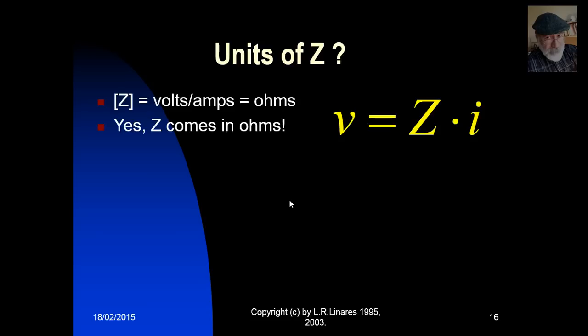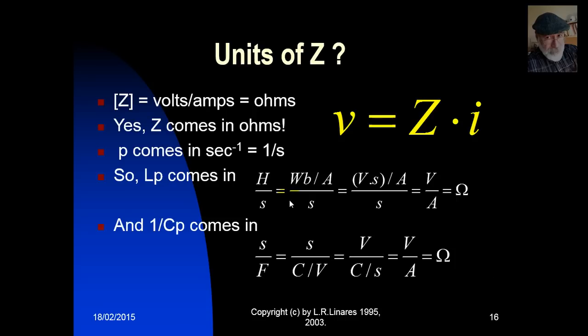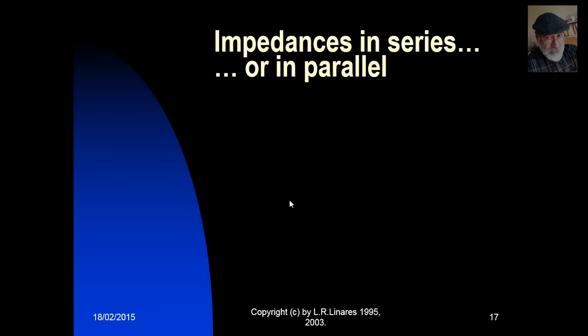Or if you want to be a purist and do all the simplifications of units, I invite you to do that, and you will find that LP is ohms, or that 1 over CP is also ohms. So ohms are the units for impedance in the P domain.